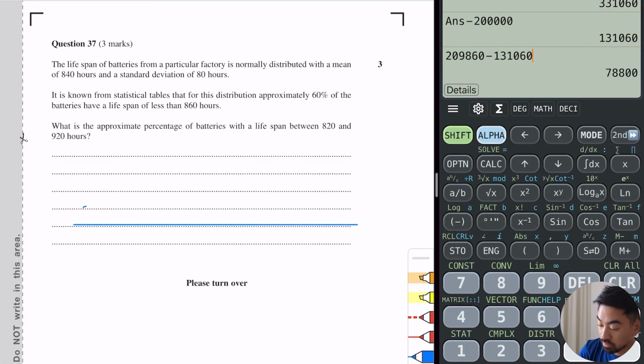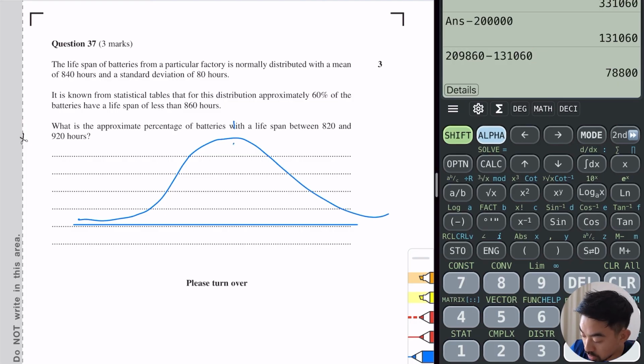Let's once again draw one of these. So it's got a mean of 840 and a standard deviation of 80. So I'm just going to have a look at what I've got here. So I'm adding 80, that's 920, and I'm subtracting 80, that is 760.